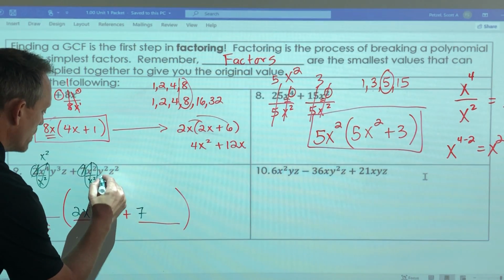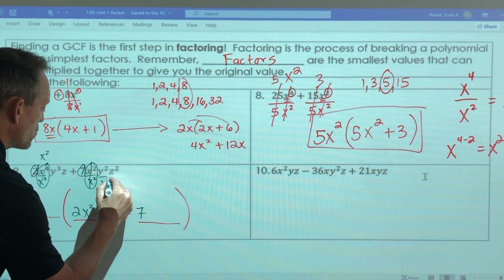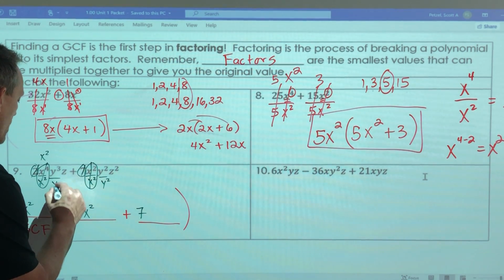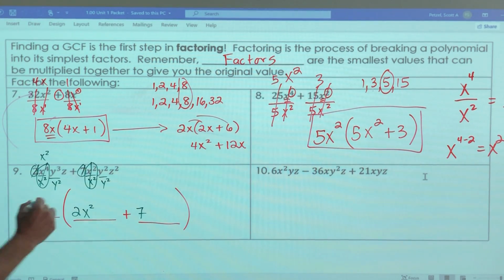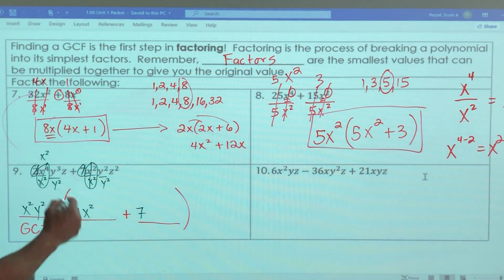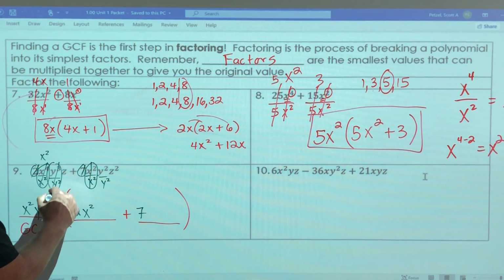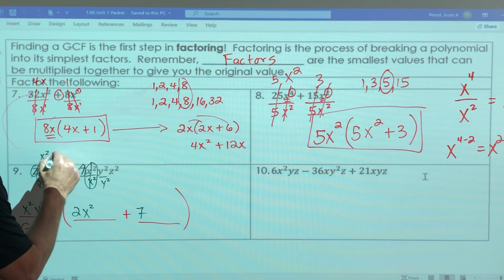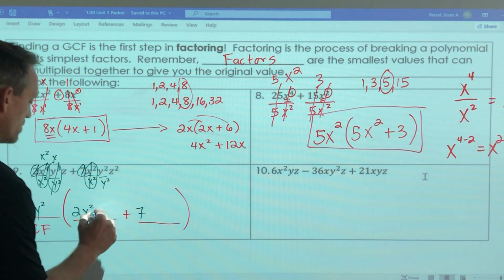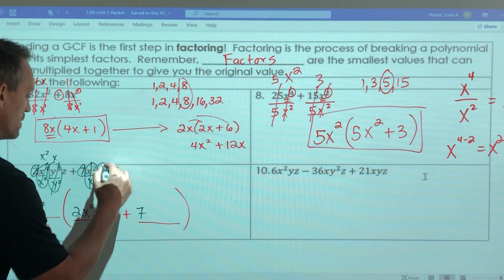The next one we look at is y squared as my highest exponent for my y. So it's a GCF, so it comes out. What is left? y cubed divided by y squared is simply y. So that stays there. These two cancel.